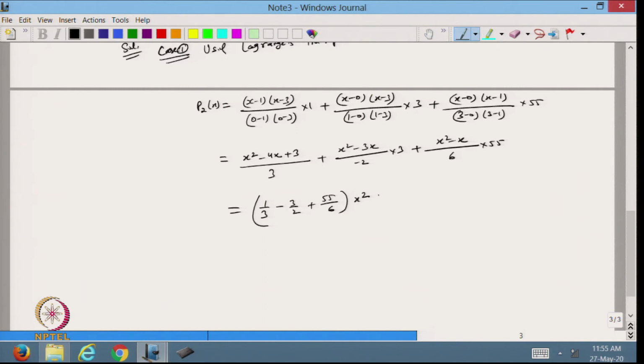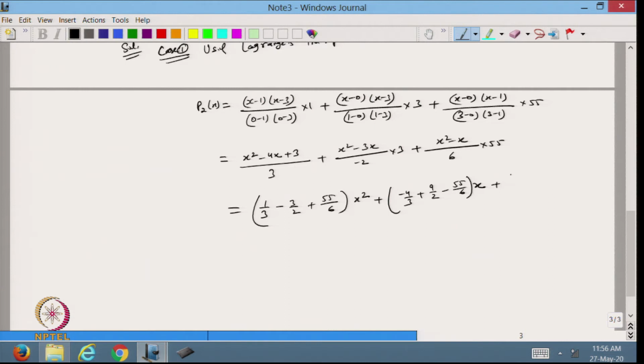Then I can add all the terms corresponding to x also. So, plus minus 4 by 3 plus 9 by 2 minus 55 by 6, into x, plus the constant terms.